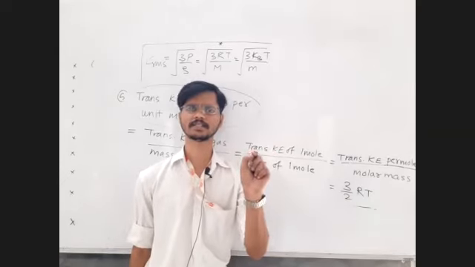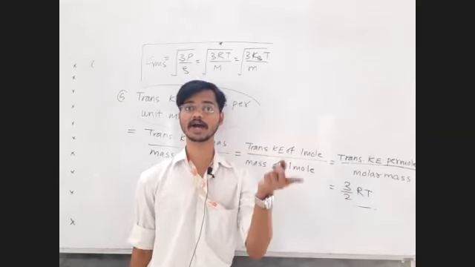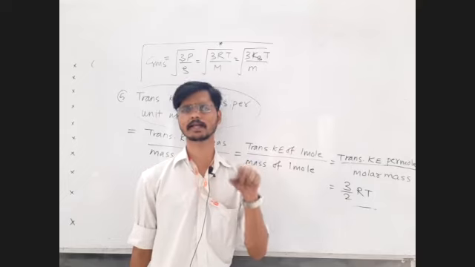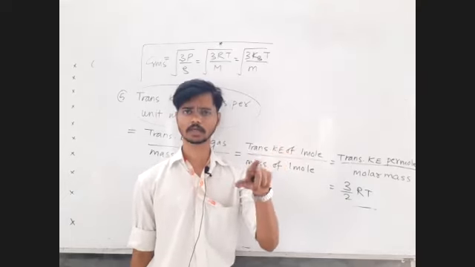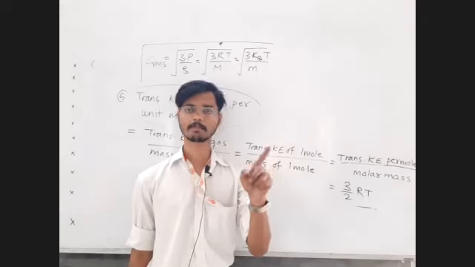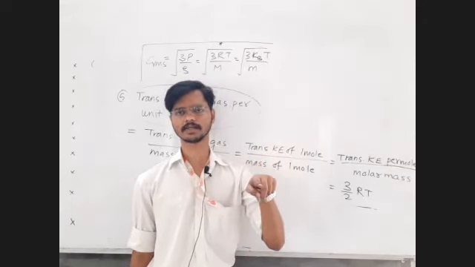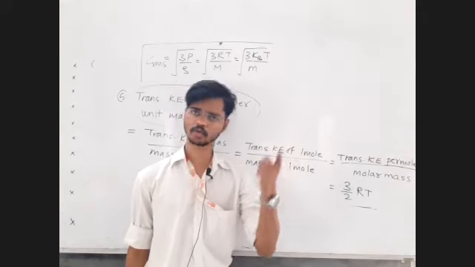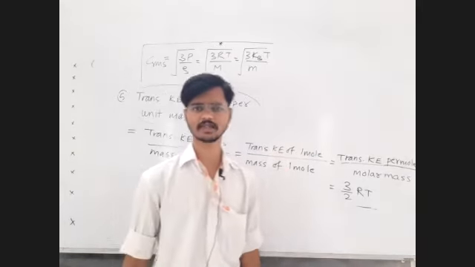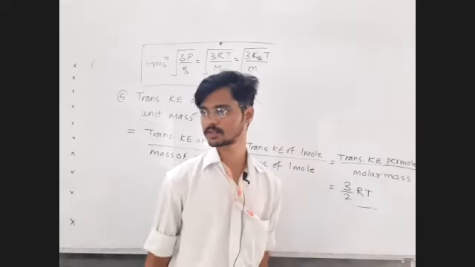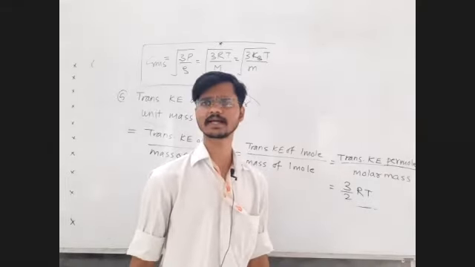Translational kinetic energy per mole means 3 by 2 RT. And translational kinetic energy per molecule means 3 by 2 kBT. Per mole 3 by 2 RT. Gas 3 by 2 PV, or simply 3 by 2 nRT, because in the gas there are n such moles. So 3 by 2 nRT, but nRT is PV.